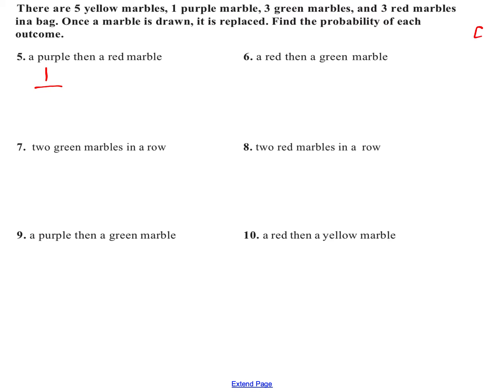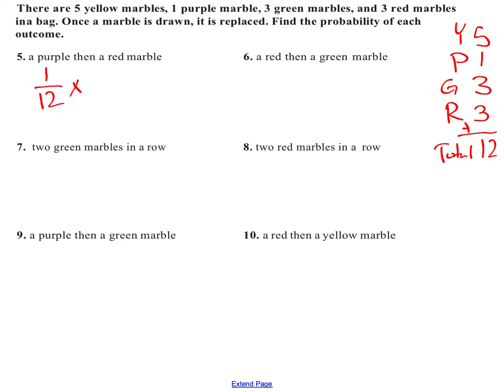We've got 5 yellow, 1 purple, 3 green, and 3 red. And total, that's 3, 6, 7, 12. So drawing a purple has a 1 in 12 chance.